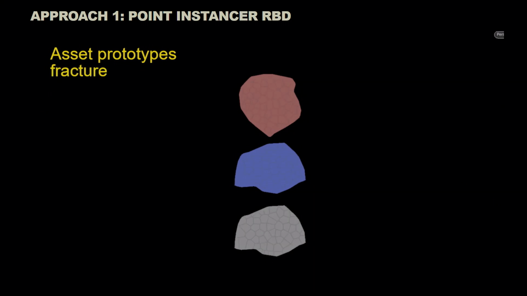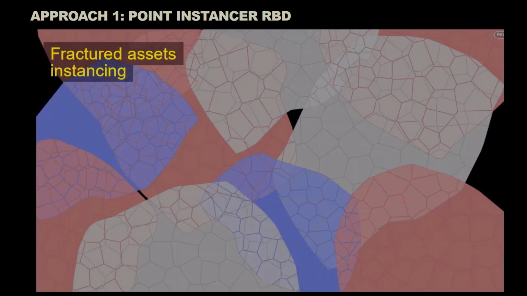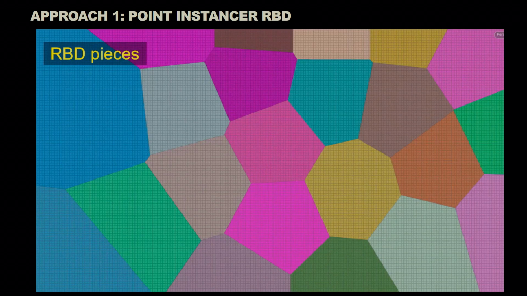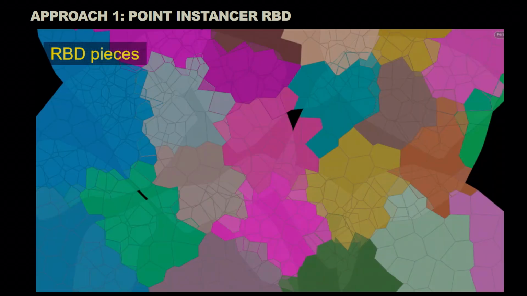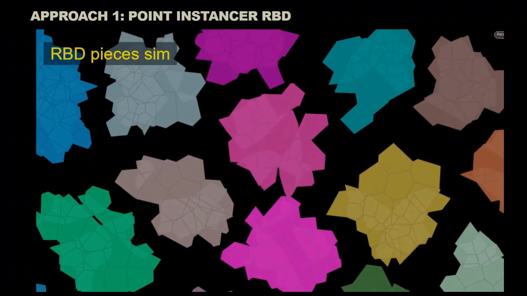If you fracture each one of them and then instance them back into place, you get a lot of intersecting pieces. But let's say we have our RBD pieces: we merge everything into VDB and create our RBD pieces, do our RBD simulation, and then just transform these smaller pieces.